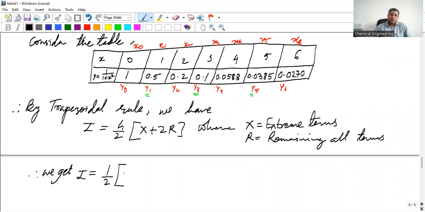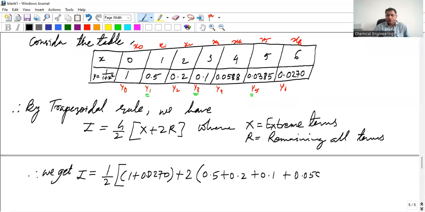Extreme terms, so it is 1 plus 0.0270, the initial term and the last term, plus 2 times R. So it is going to be 0.5 plus 0.2 plus 0.1 plus 0.0588 plus 0.0385. And so we are able to get the value of I.